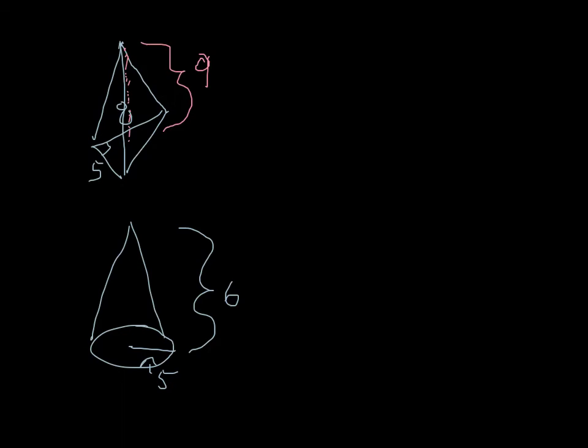Now I purposely had the dimensions for these next examples be the same, because we've already calculated the surface area of the base. So you remember the 5 by 8 triangle, the base surface area was 20, and the volume for a pyramid or a cone is the surface area of the base times the height divided by 3.